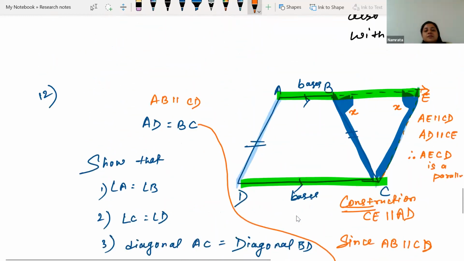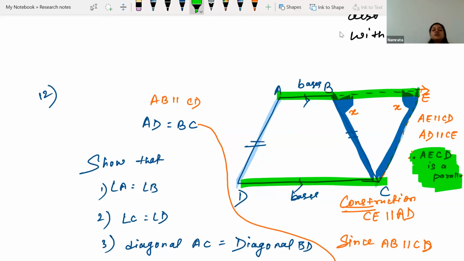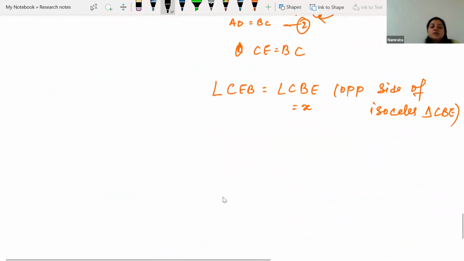Now since AECD was a parallelogram, and already we have proved that in the first place, can we say angle A plus angle E will be 180 degrees? Adjacent angles of a parallelogram are supplementary with each other, right? Let's do it.